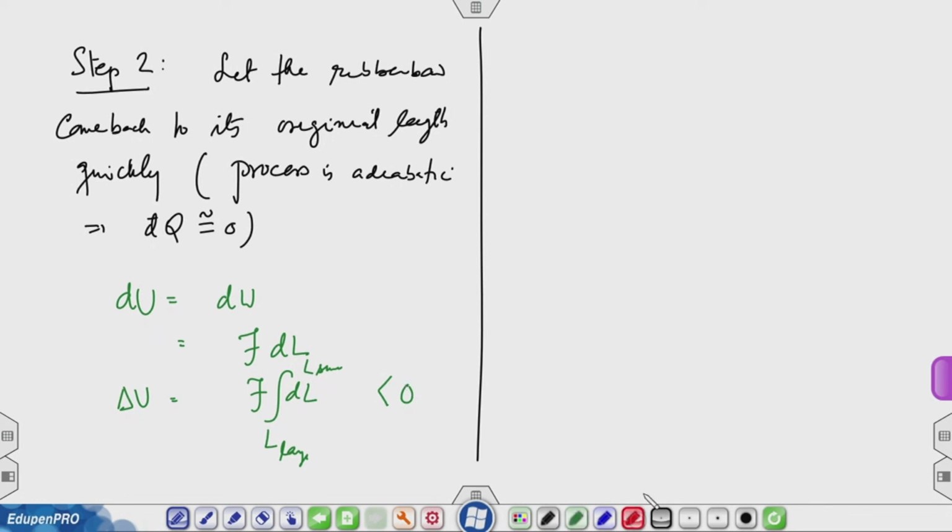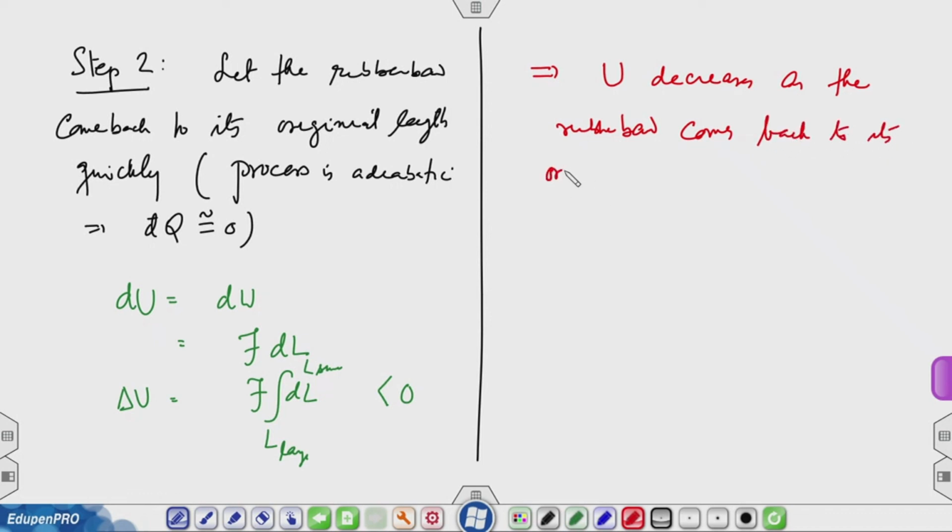So this implies that U decreases as the rubber band comes back to its original length.